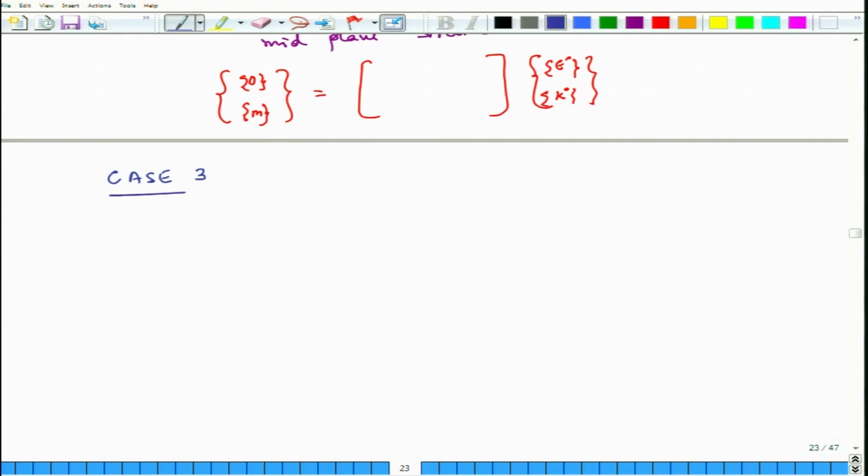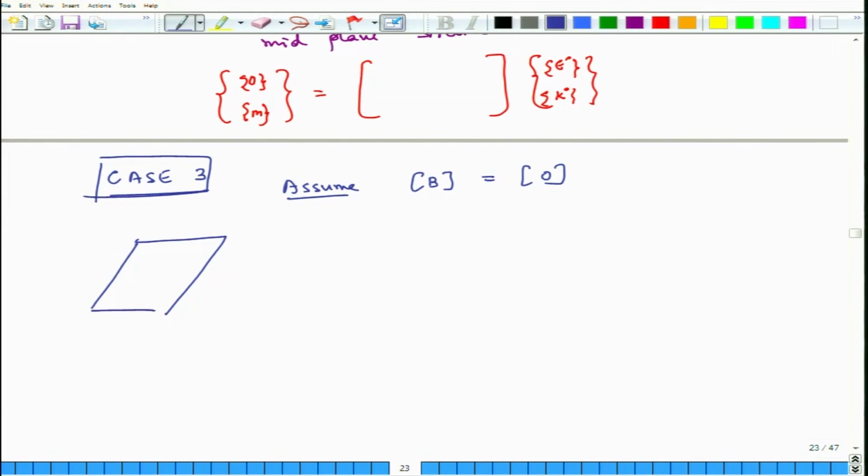Let us look at some more cases. There is a third case, and here we look at the A matrix in detail. We assume that we have designed the plate such that its B is 0, and we are loading the plate only using N. So, the plate is experiencing Nx, Ny, and maybe also Nxy.